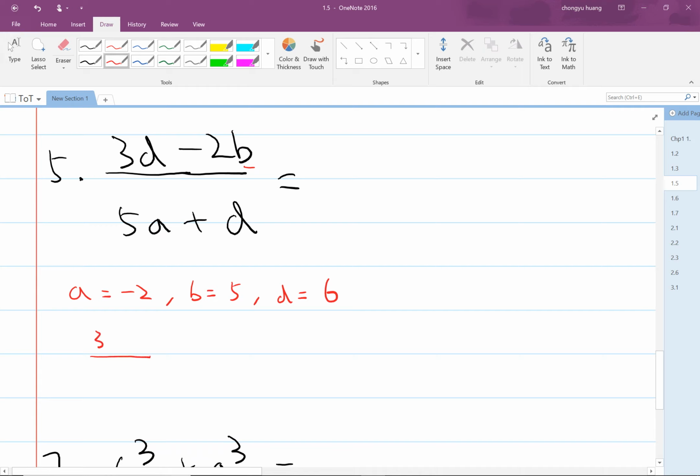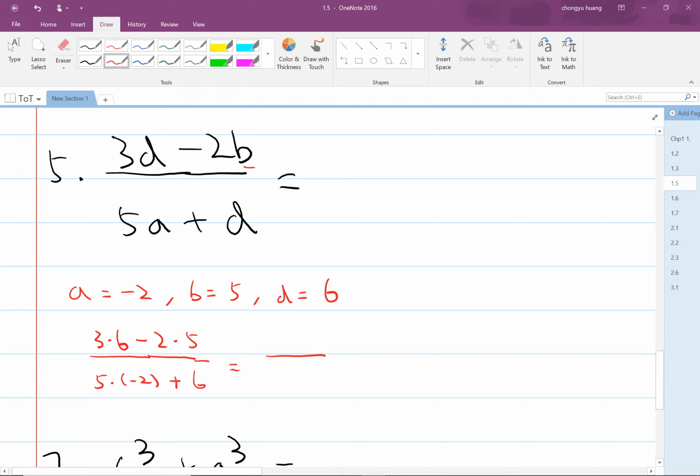So 3 multiplied by 3d, so it's 3 multiplied by 6. And then minus 2b, b over here is 5, right? And then 5a on the denominator. So 5 and a is negative 2. And then you plus d is 6, so you write down 6, right? And after that you have to simplify it. Let's start with the numerator part.